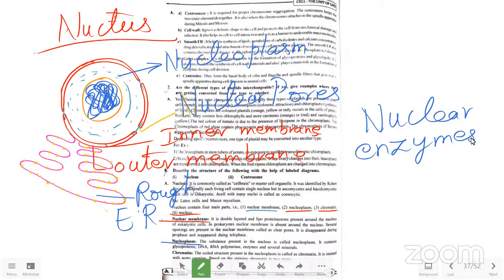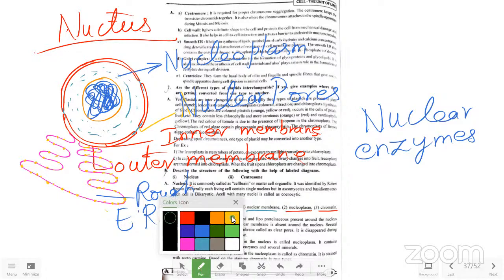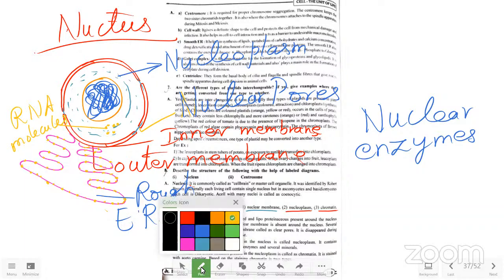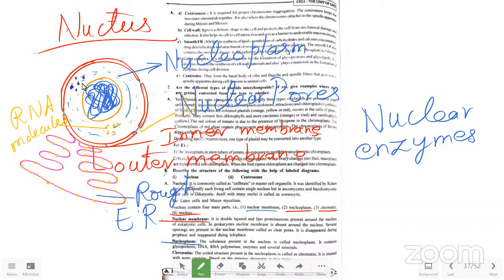The genetic material related nuclear enzymes are present in the nucleoplasm. Apart from that, RNA molecules are present, and some proteins are also present in the nucleoplasm. It is very rich in enzymes.